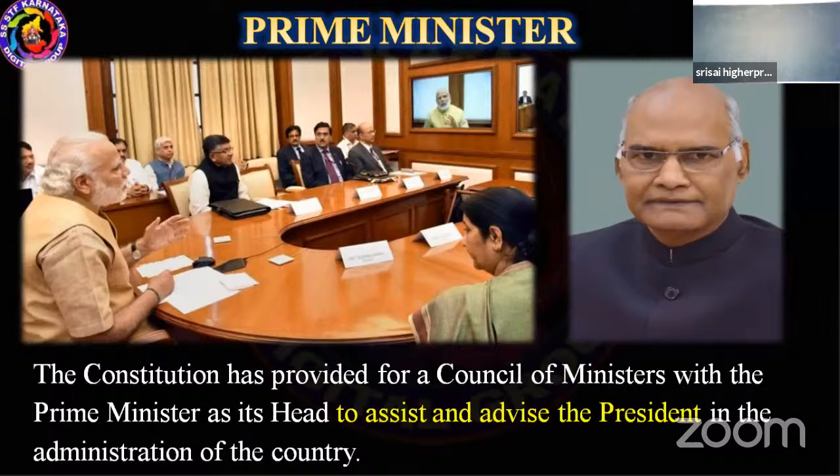Later on, the President appointed him as the Prime Minister, and after appointing him, he formed the Council of Ministers according to their experience and age. And later on they will run the government with the help of the President.